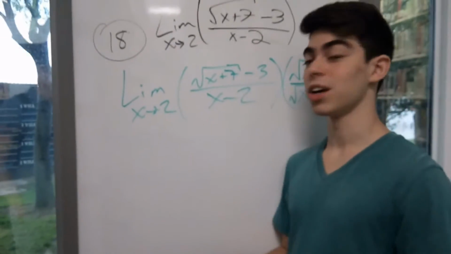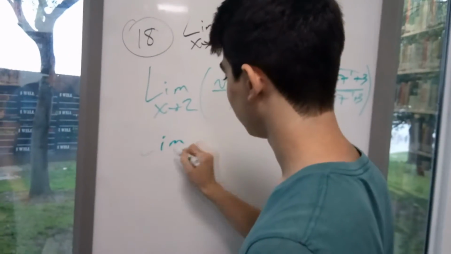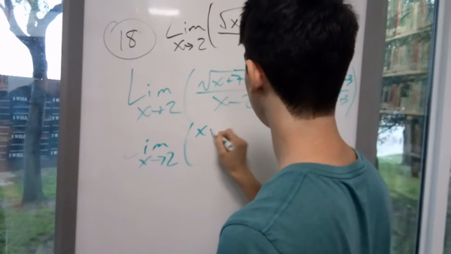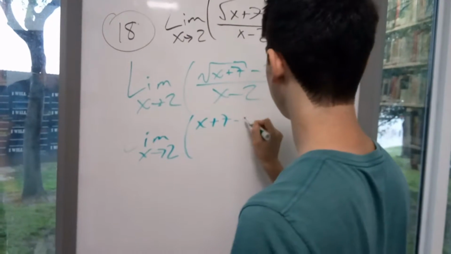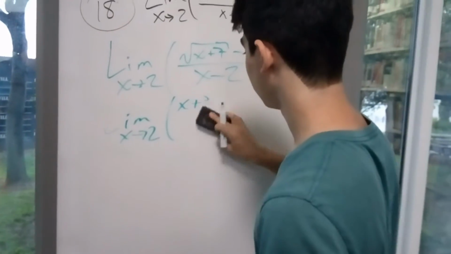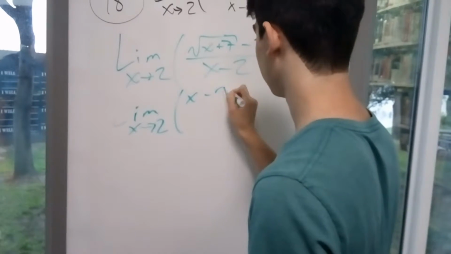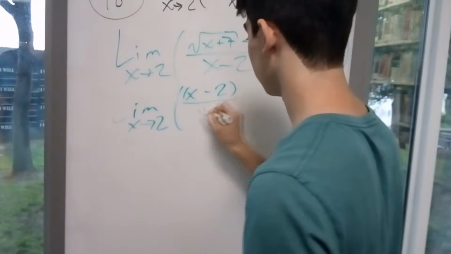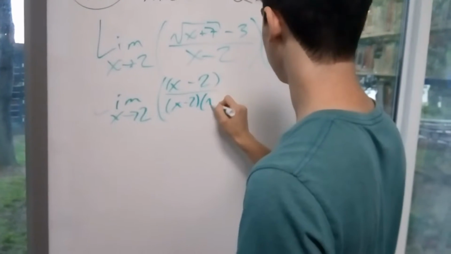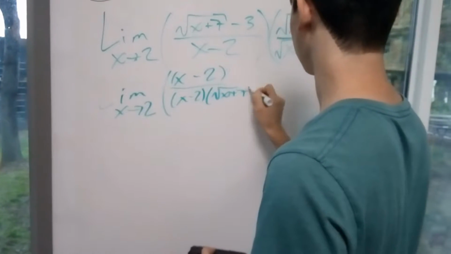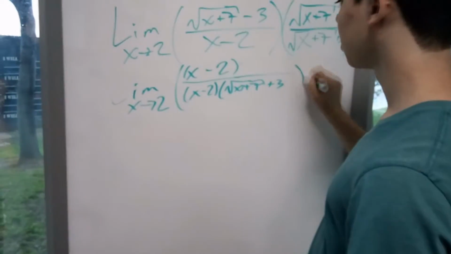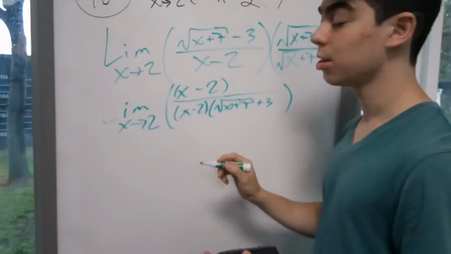Now we're going to multiply. And this would be negative 2. These two will cancel because they are the same.